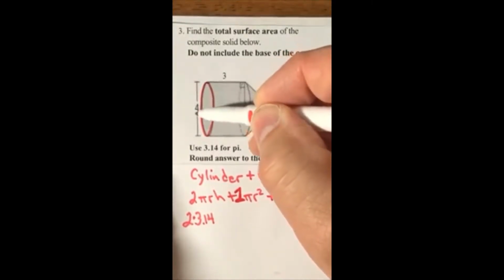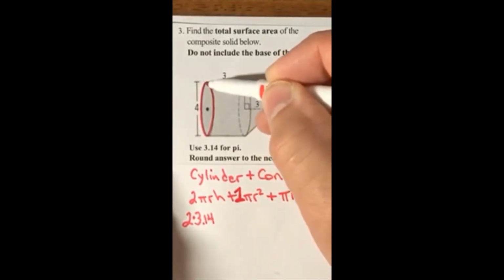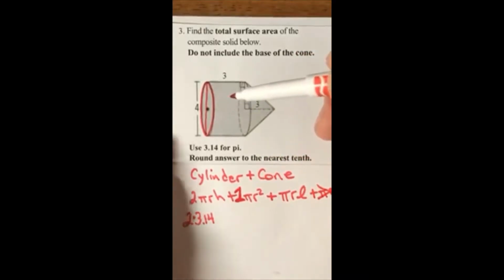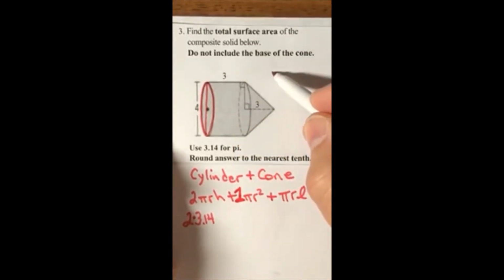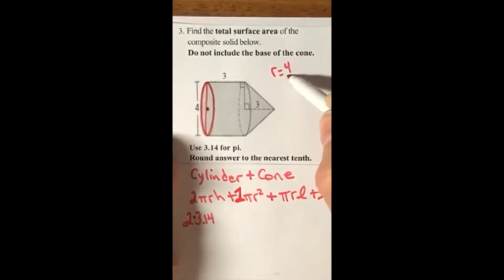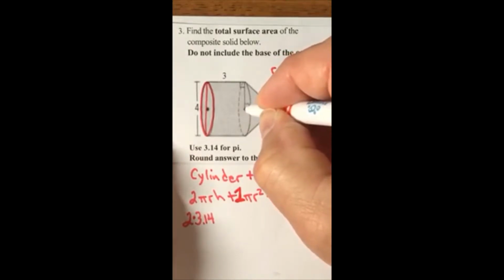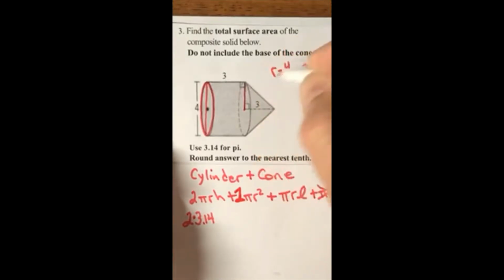Notice this segment goes the entire length of the circle, so that represents the diameter. The diameter is 4, which means my radius is 4 divided by 2, which is 2. I'll put 2 here, on the segment that represents the radius.